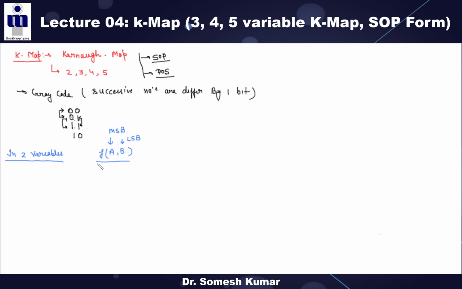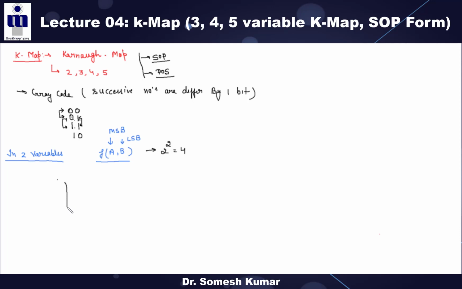First I am only showing how to represent a K-map for two variables. In the next step I will tell you how to minimize this function. For any function we have to draw the K-map first. If there are two variables, there are only 4 cells in the K-map.